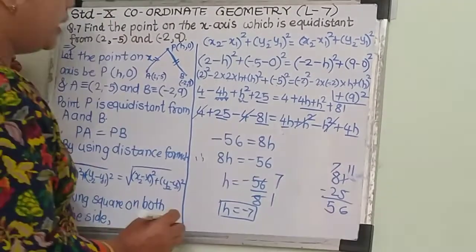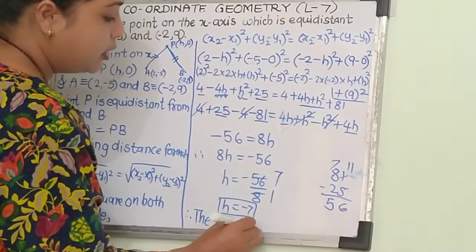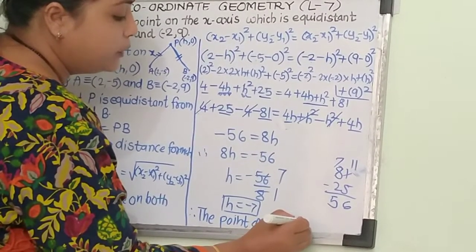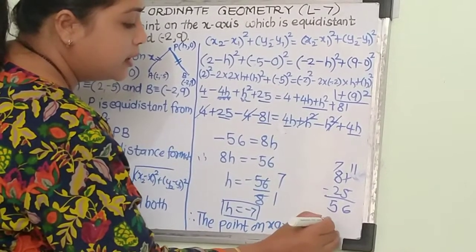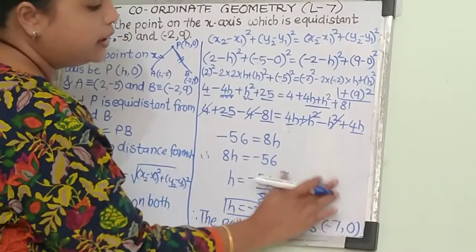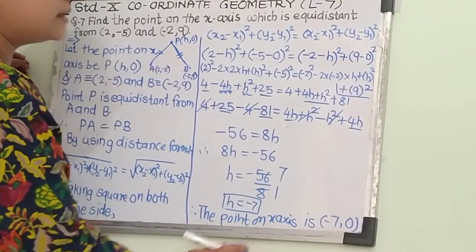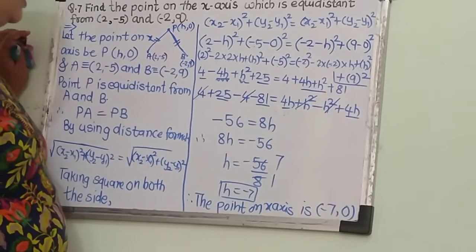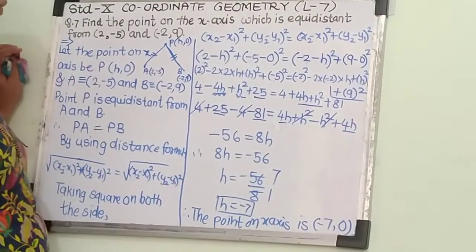Therefore the point on x-axis which is equidistant from A and B is minus 7, 0. So here we get the coordinates of the point on x-axis which is equidistant from 2, minus 5 and minus 2, 9 is minus 7, 0.